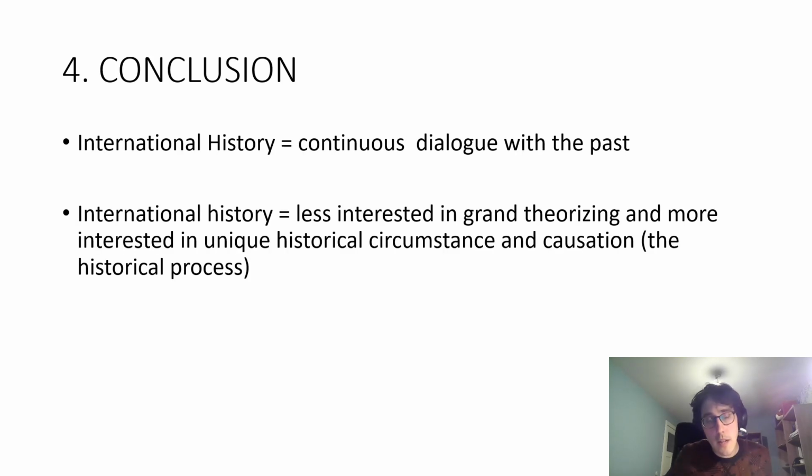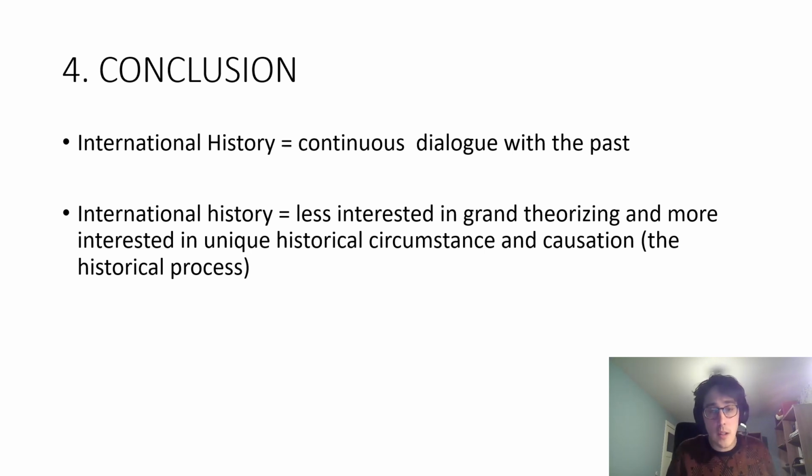So in conclusion, international history is a continuous dialogue with the past. The way we think about the international system today really affects how we write about the past. The emergence of the internet really gave us an incentive to think about the past in more transnational, international ways, something that didn't happen before the internet in the 90s.